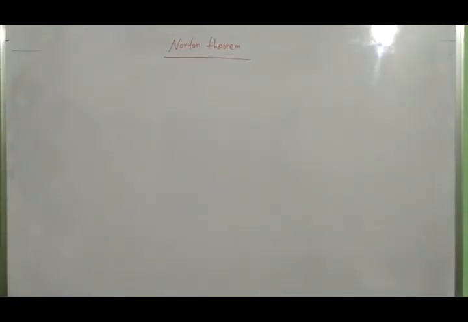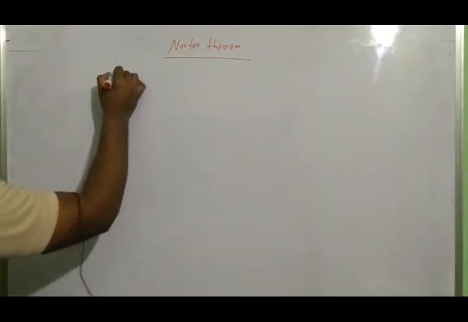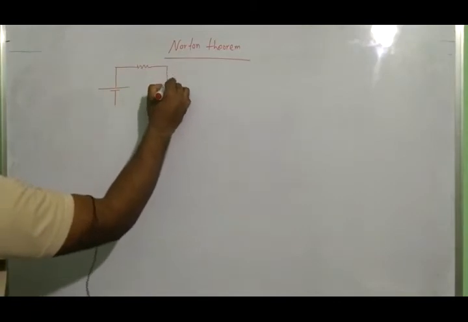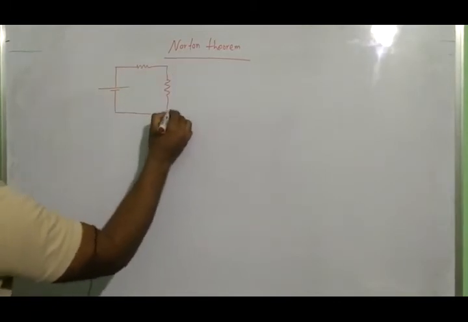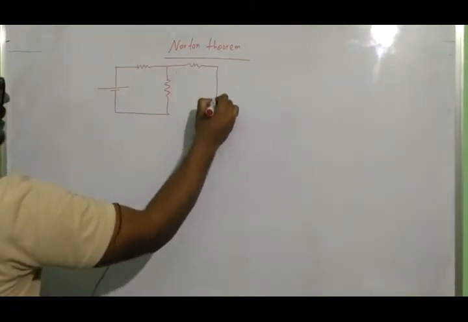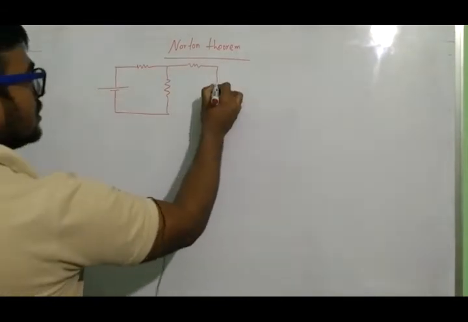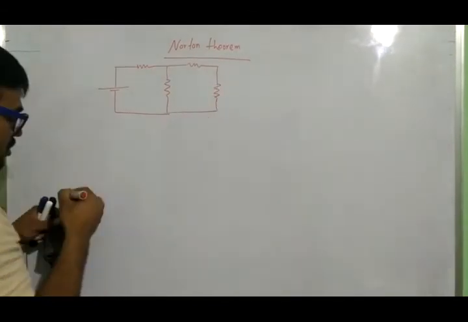When I am applying Norton theorem in any circuit, the circuit must be an active circuit. Suppose I am taking the same circuit with the same values and solving through Norton theorem.